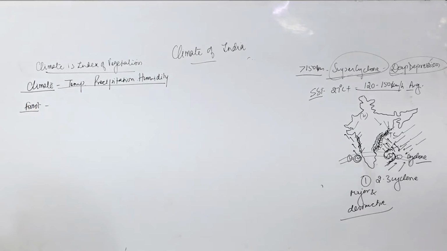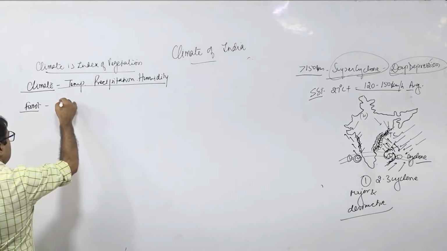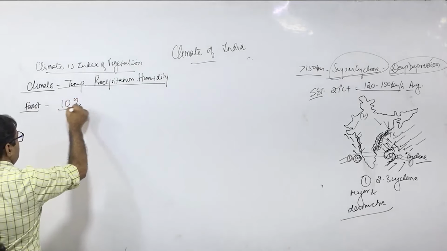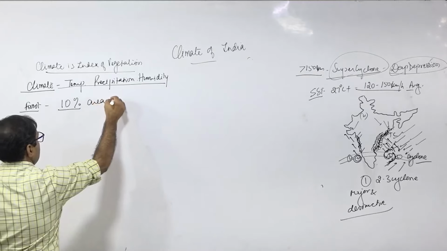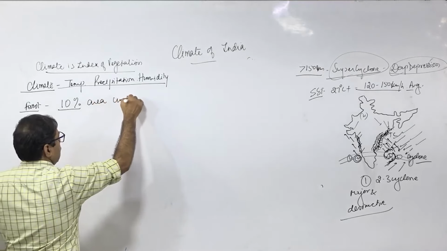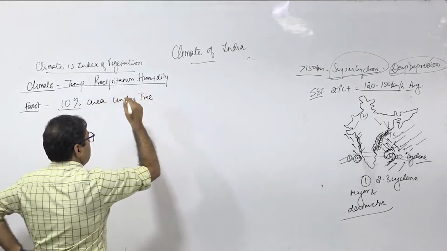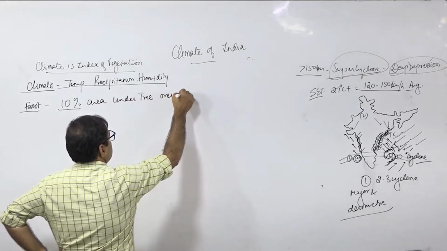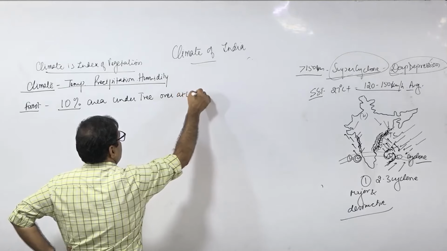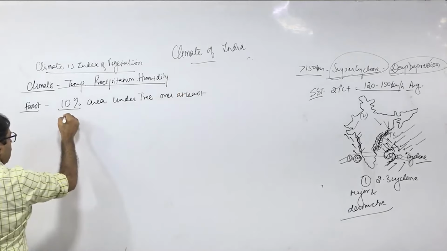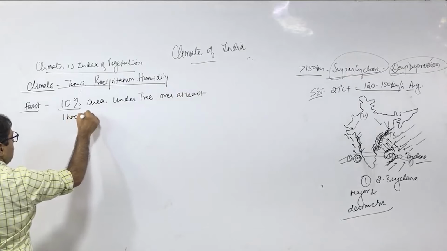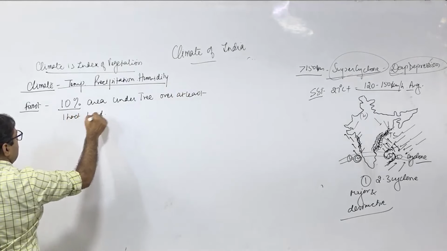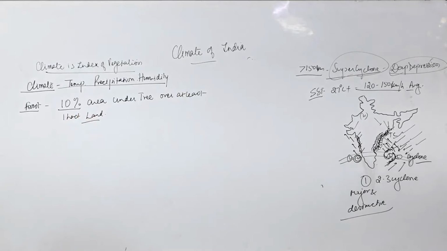So, forest is what? Forest is 10% of the area under tree cover over at least 1 hectare of land, right.